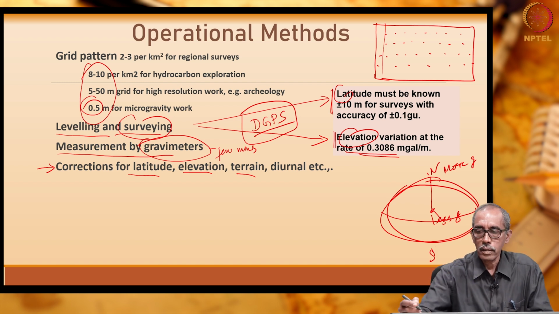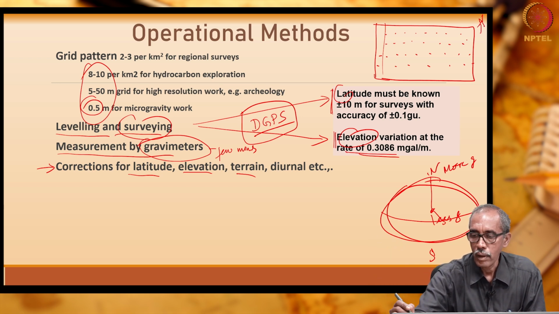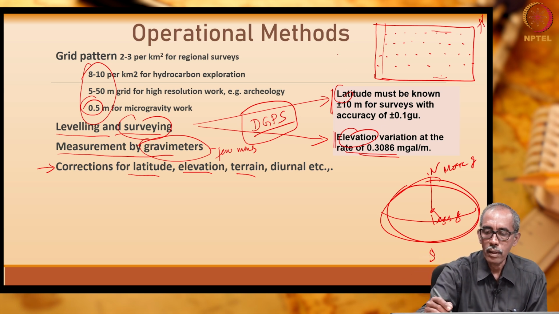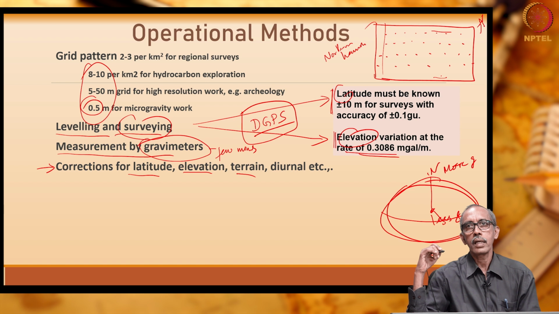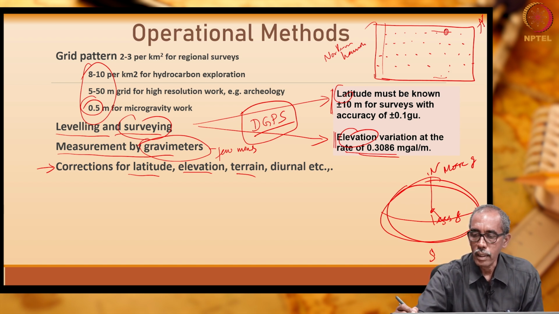Suppose this is your study site and this is north, some stations are here, some stations are here. Imagine this is in the northern hemisphere. If it is in the northern hemisphere, then the value which you are measuring here is expected to be more than this station.